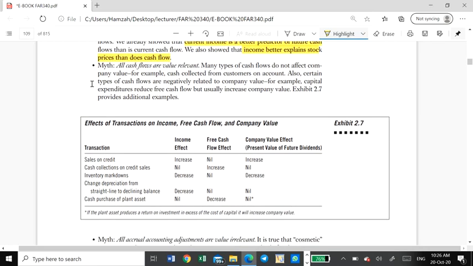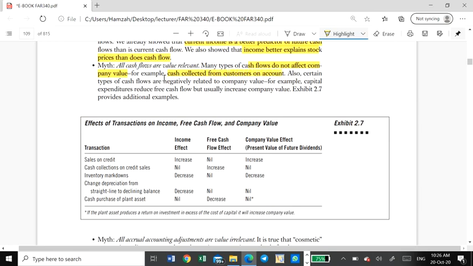So mitos yang kedua, all cash flow are value relevant. Okay. So many type of cash flow do not affect company value. Sebab tu dia mitos. Sebab cash flow ni bukan semua cash flow adalah relevant. Sebab ada je dalam cash flow tu yang tidak akan mengefekkan company value. For an example, cash collected from customer.